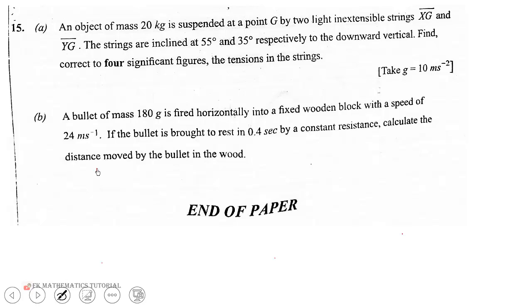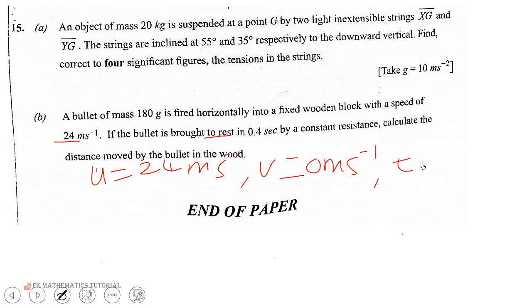The bullet has come to rest, so the initial velocity is given as 24 meters per second, then the final velocity will be equal to 0 meters per second. Then the time is 0.4 seconds. So we can calculate the acceleration.